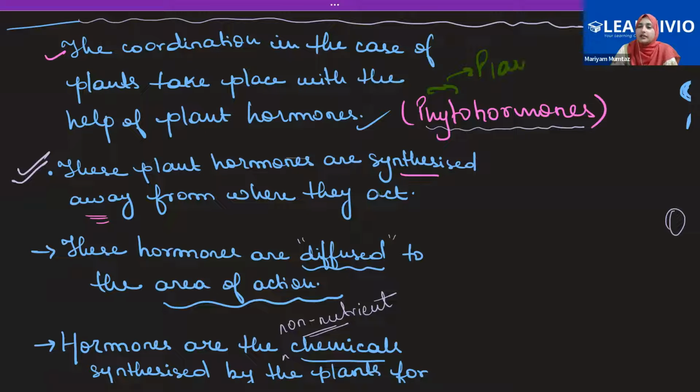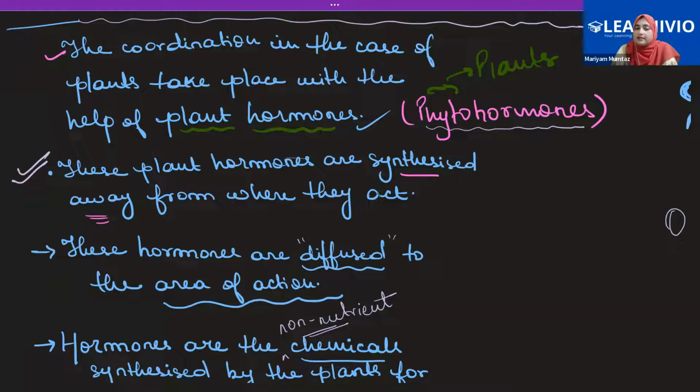So when we talk about the whole entire coordination that takes place with the help of plant hormones or phytohormones, always remember, wherever these hormones have to act, for example, if the hormones have to act on the stem part, they will be synthesized away from the stem.